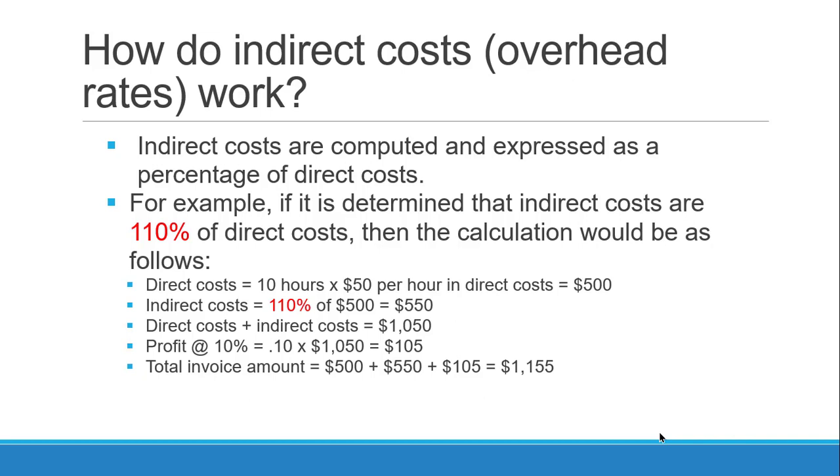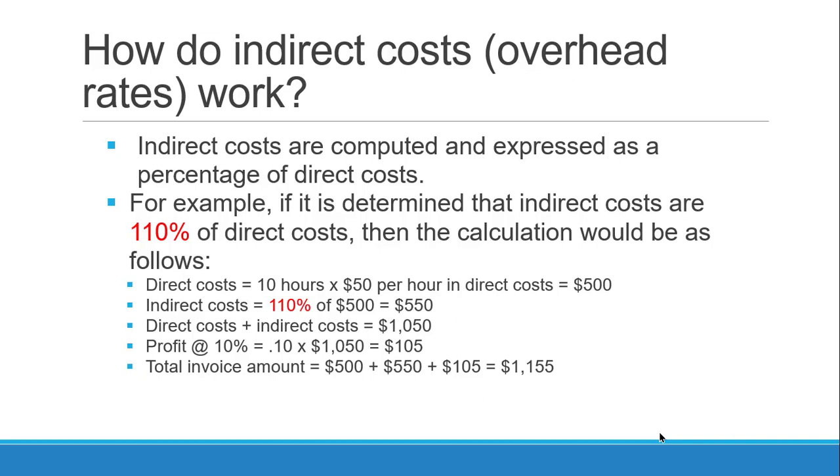The sum of the direct costs and the indirect costs would therefore be $1,050. Again, that is the sum of $500 in direct costs and $550 in indirect costs. Profit is then computed on the sum of the direct costs and the indirect costs. In this particular example, profit, which is determined by PennDOT at 10%, will be applied to the $1,050 to yield $105 in profit.